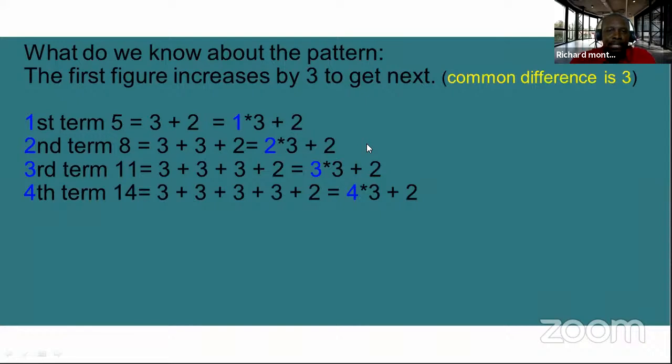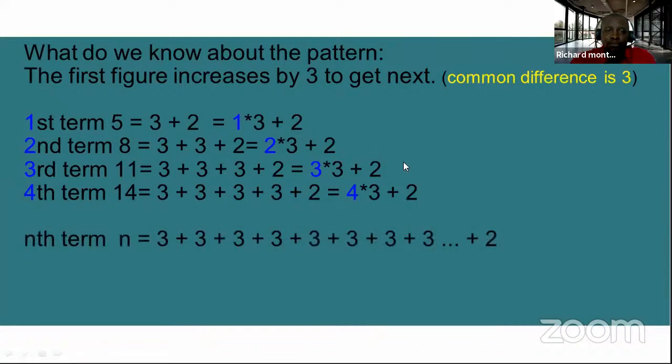So once we're able to recognize our pattern coming out, then we would be able to say, oh, to find the nth term, I would be adding 3 a certain number of times and then 2, or I would be multiplying 3 a certain number of times and then adding 2.